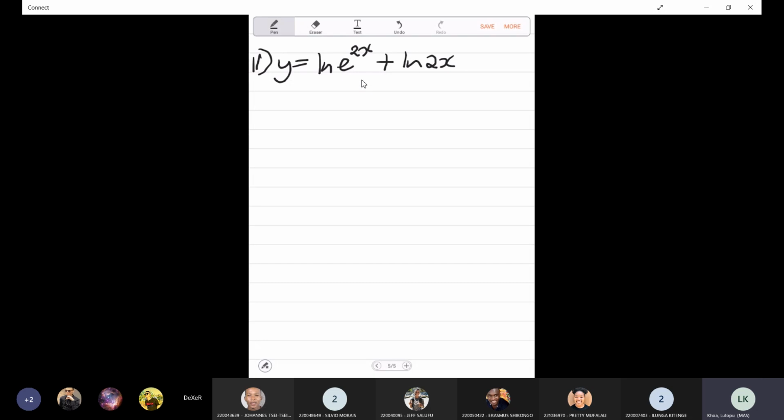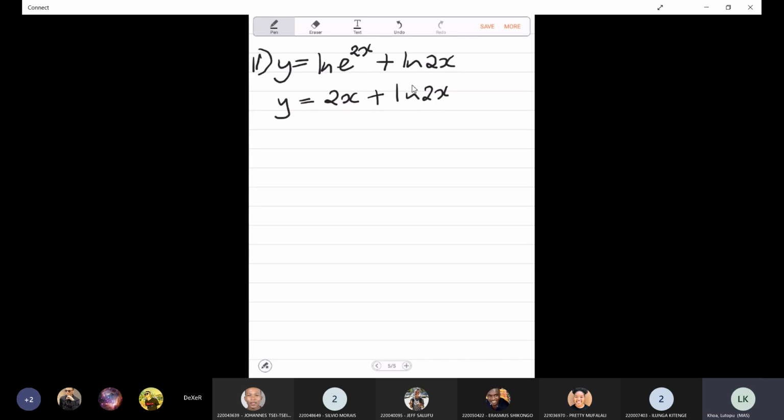So again, before differentiating, we can always simplify. So this is just 2x plus ln of 2x, because the 2x will come down. Then you're left with ln of e, which is 1. So this is it in its simplest form.